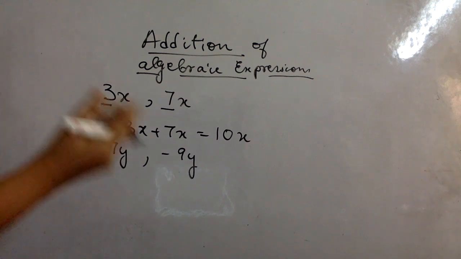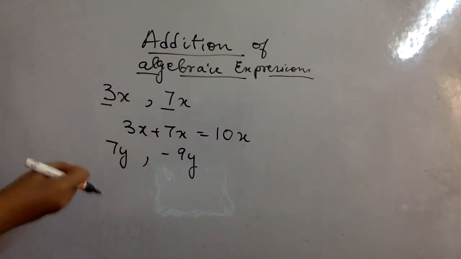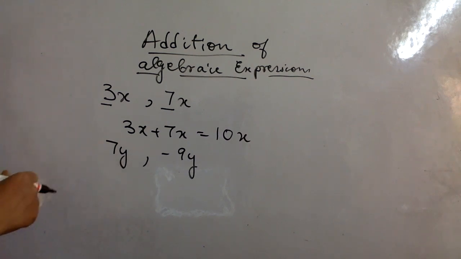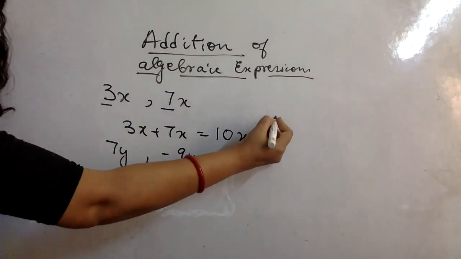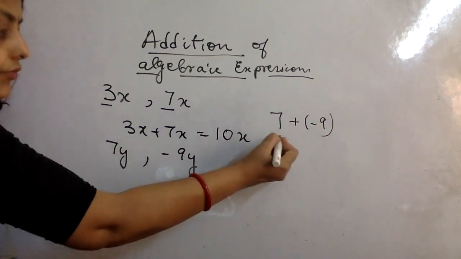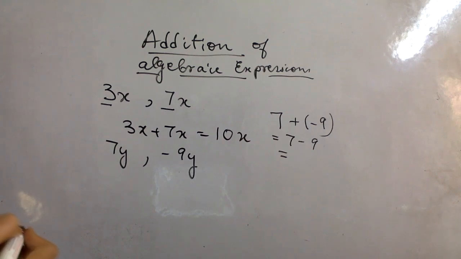For the 7 and minus 9, we are going to work it out like integers, exactly how we do integer addition. We should have in our mind 7 plus minus 9. What do we do? 7 minus 9. You can check my video on integers for this.